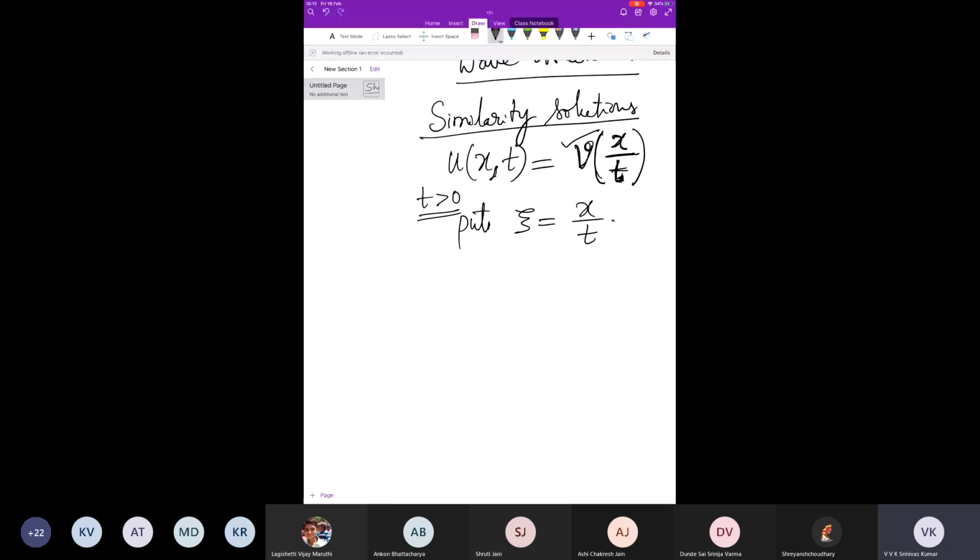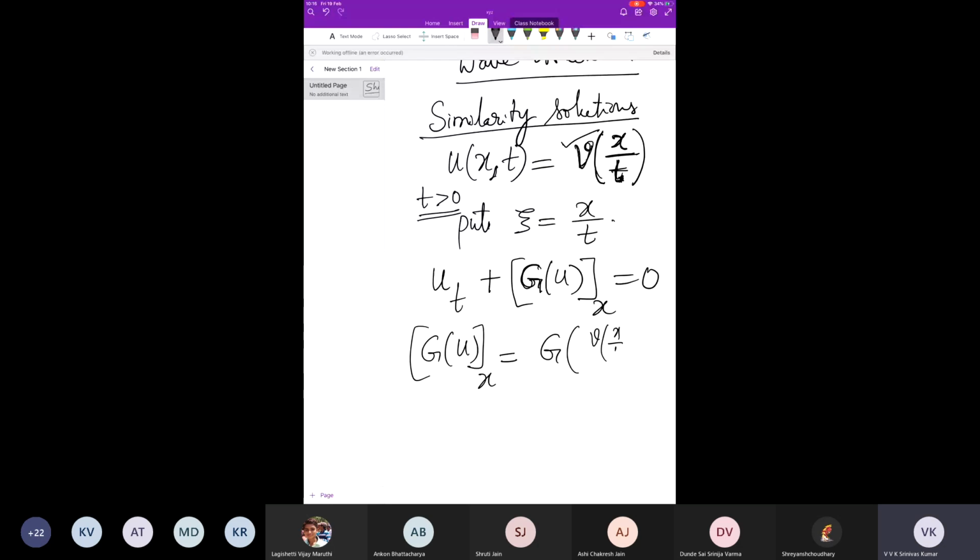Now substitute this. What is g of u at x? This is equal to g of v of x upon t.